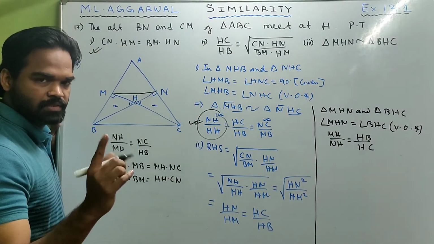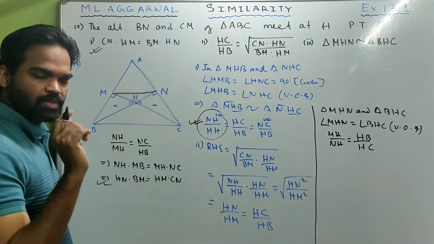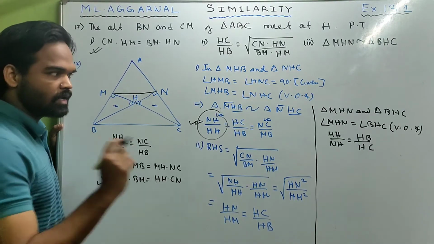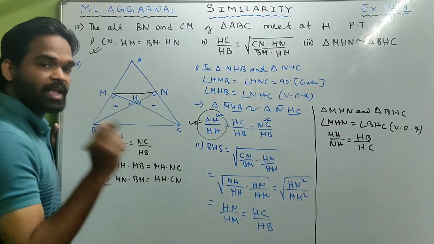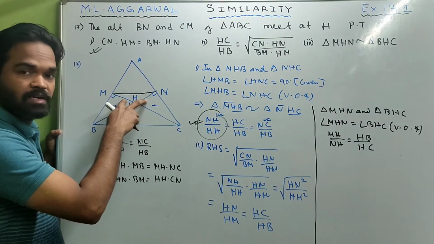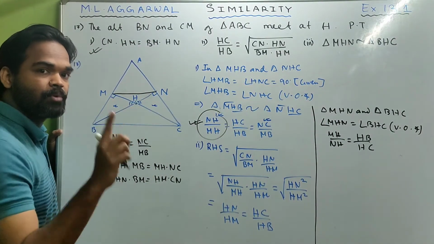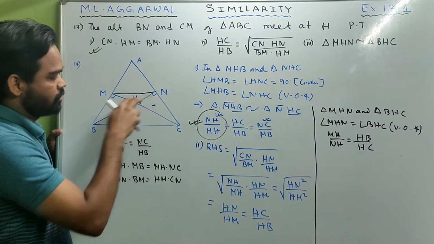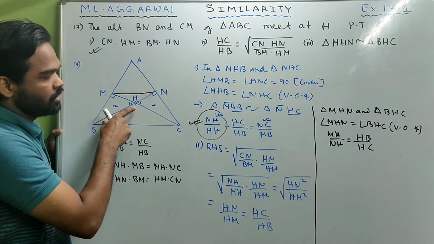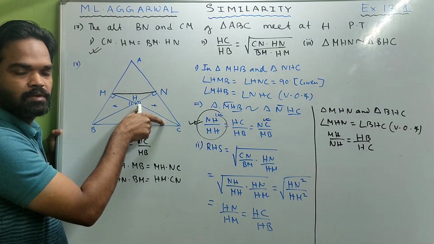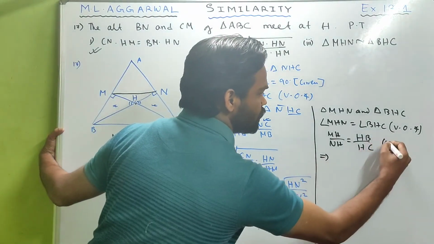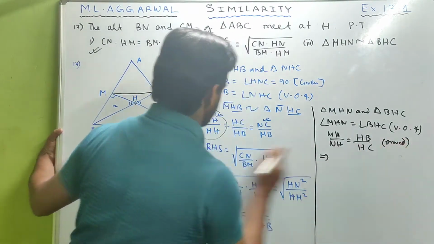Which means, see, two triangles are similar with the side angle side property. What property was that? If one of the angles is equal and the sides containing that equal angle are proportional, which means MH by NH is equal to BH by HC, then you can say that these two triangles are similar. This we have proved earlier only, over here.